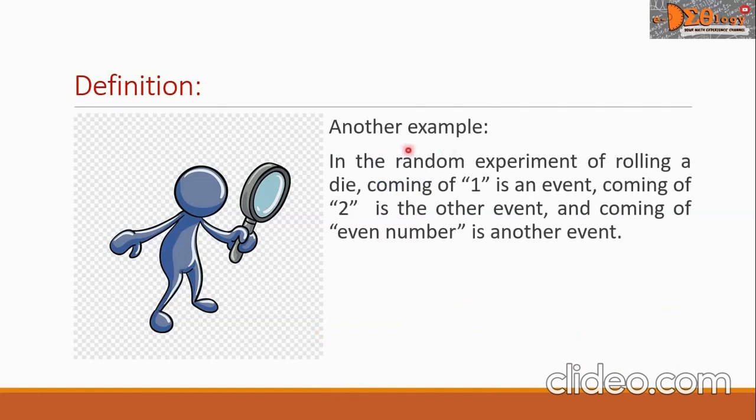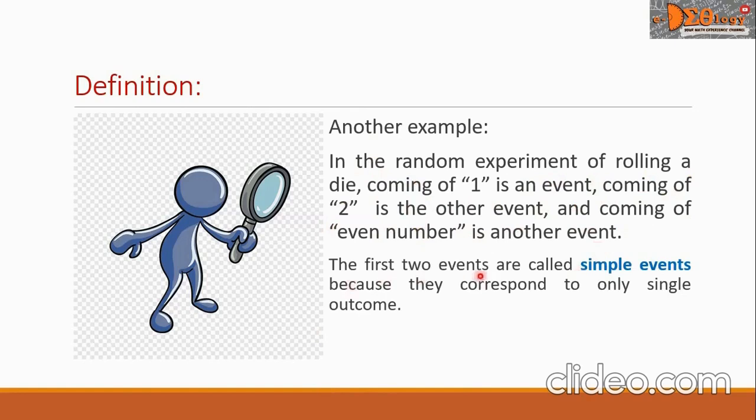Another example: in the random experiment of rolling a die, coming of one is an event. Coming of two is the other event. And coming of an even number is another event.